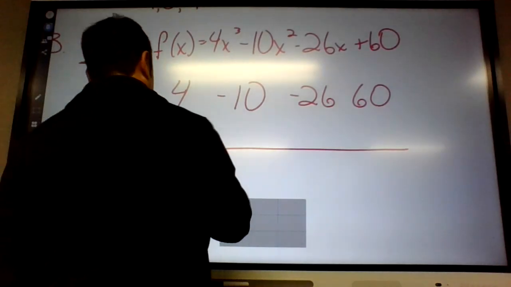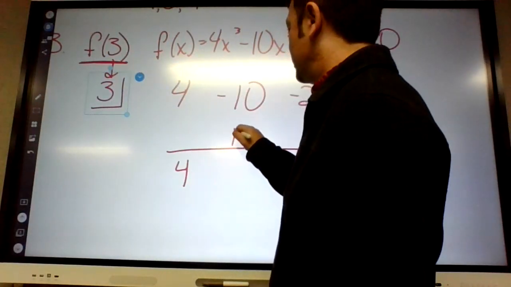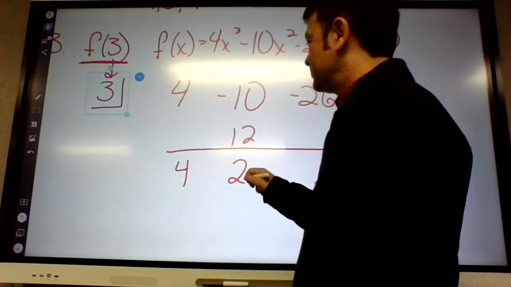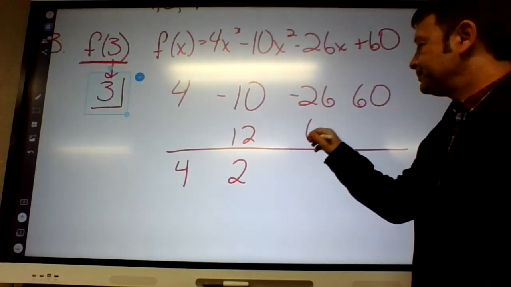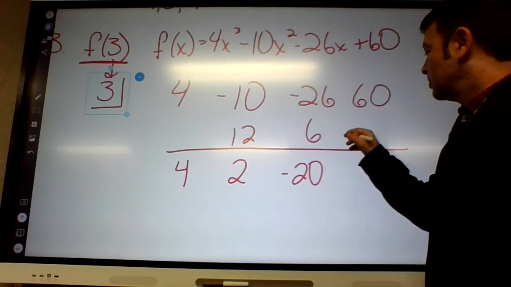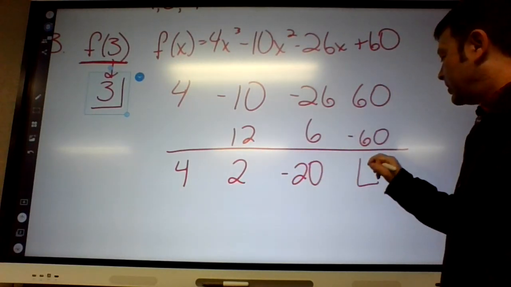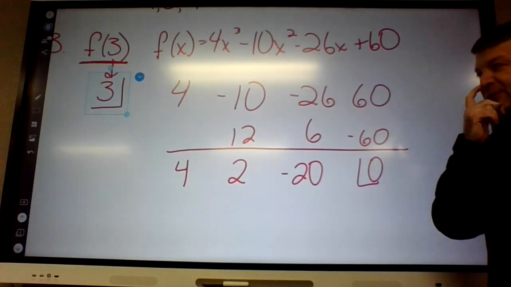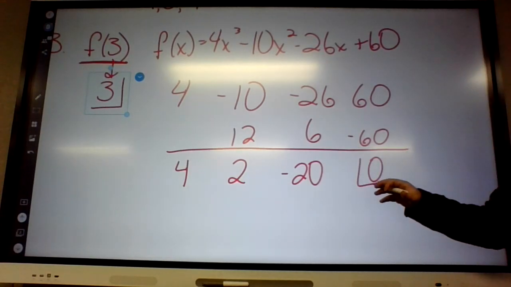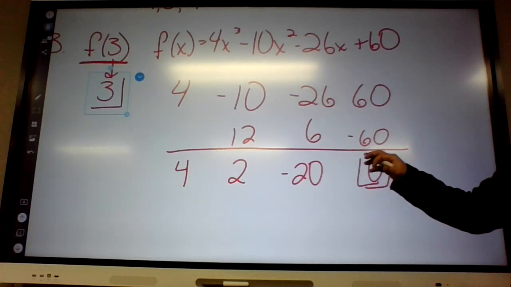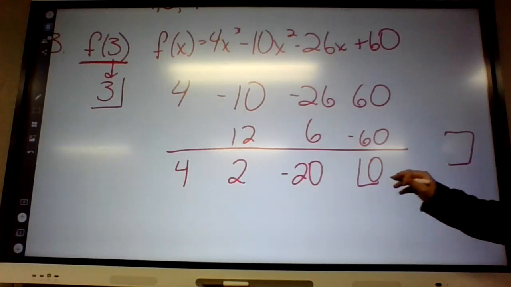Okay, so add down, multiply up. Carolyn, I'm sure you remember synthetic from yesterday. Add down, multiply up. Okay, the number that comes out at the end is the answer. Like 0 is the answer here.